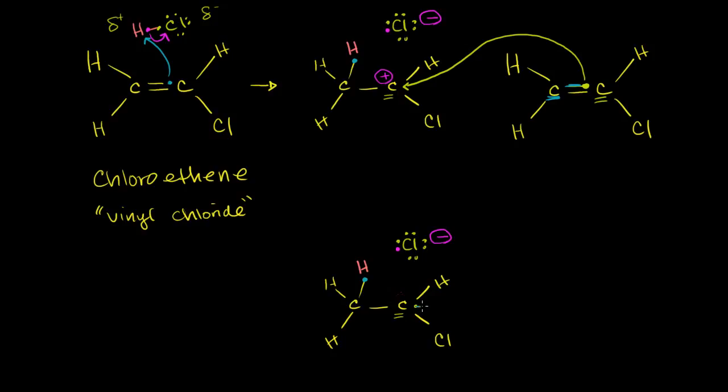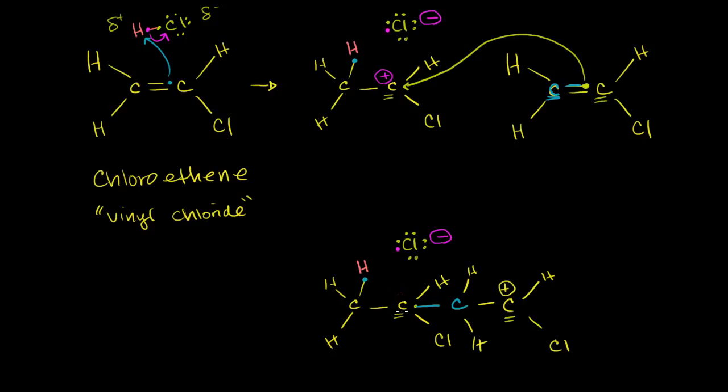So now that bond is to this carbon right here, which is bonded to two hydrogens. And now it has a single bond to the carbon that gave up the electron, who is bonded to a hydrogen and a chlorine. And since he now lost an electron, he now has a positive charge.